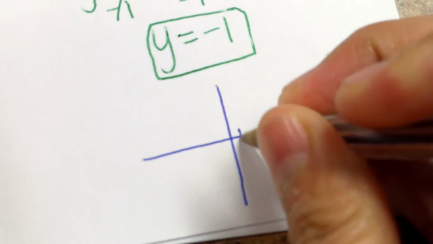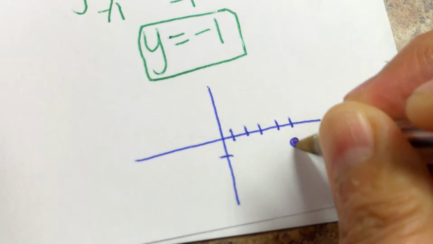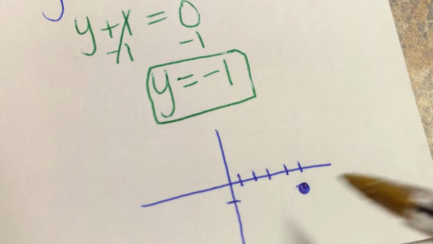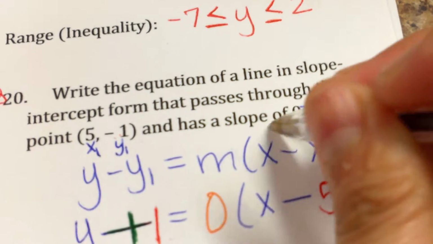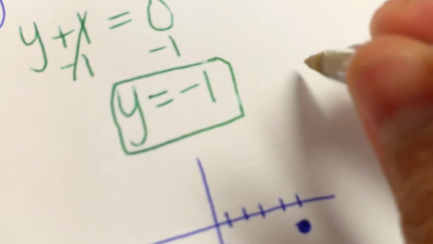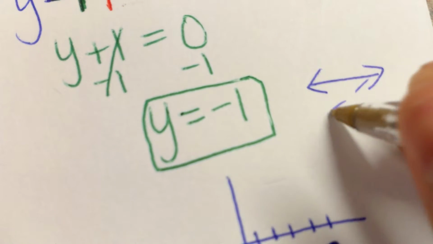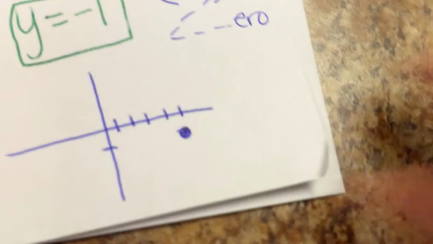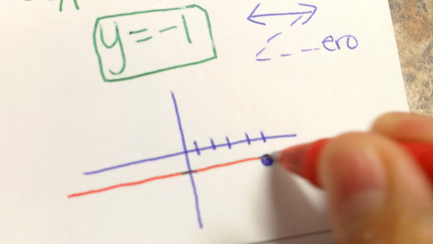So I'm going to go here, 5, -1. They want an equation of a line that goes through this point, but it has a slope of 0. And if it has a slope of 0, remember, it's a horizontal line, because that forms the letter Z for 0. So we're going to do a horizontal line that goes through this point.